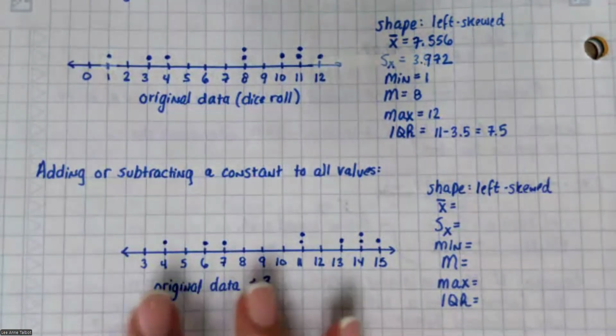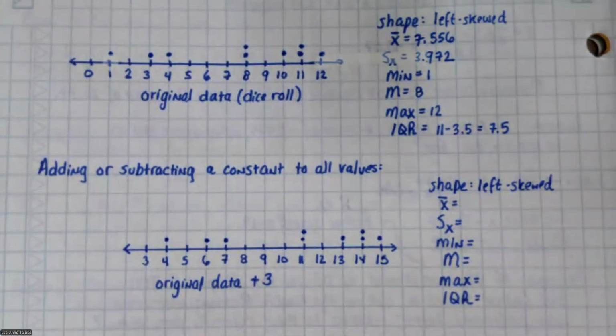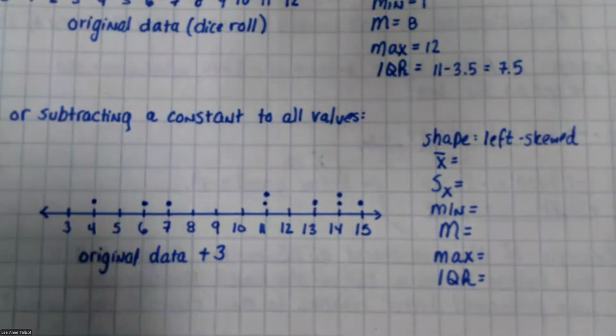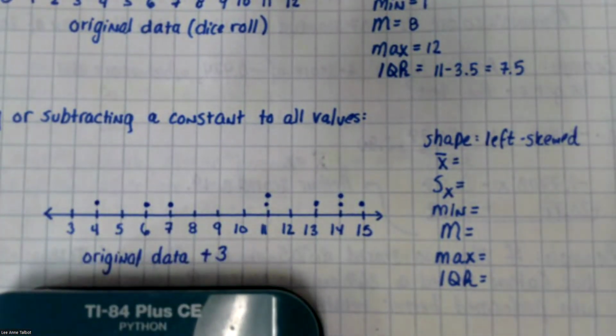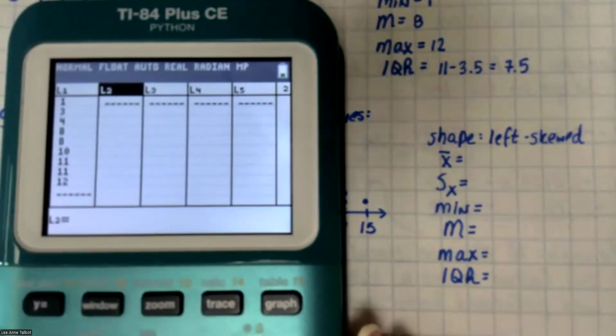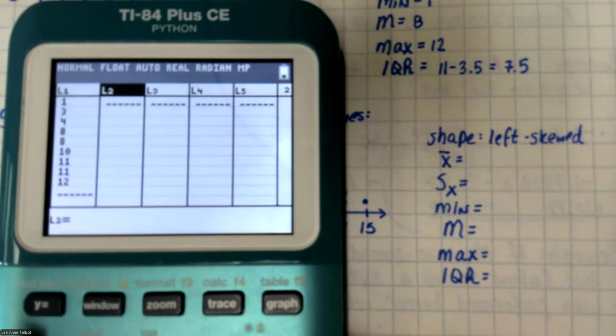Okay, can you guys now put these numbers into L1, run one variable stats, and fill in this part? Now, if you're fancy, anybody who loves the calculator, technologically advanced people, what you can do is go to the top of L2 and put L1 plus 3.